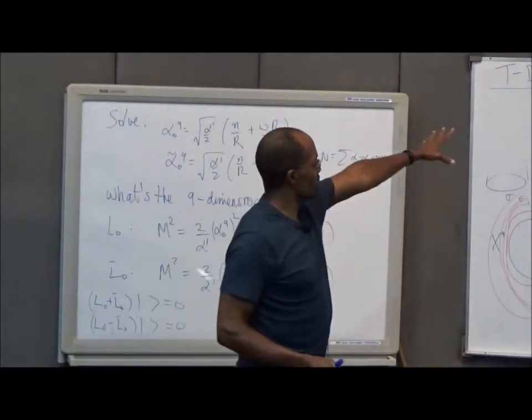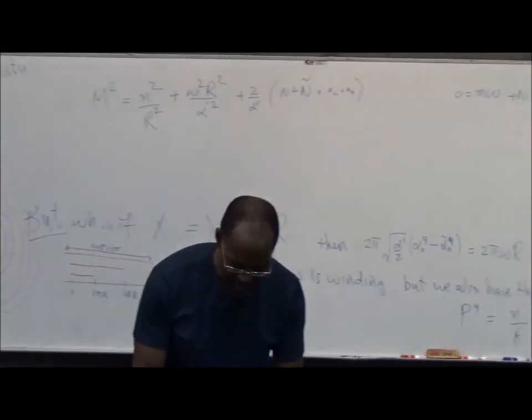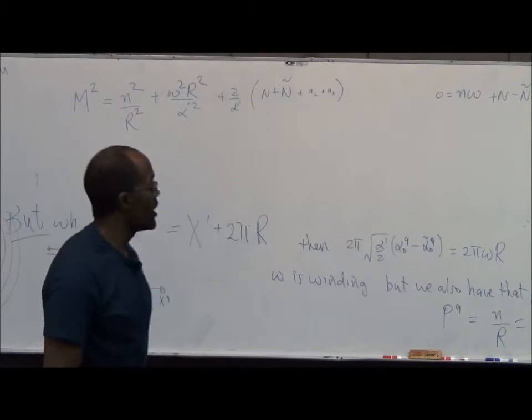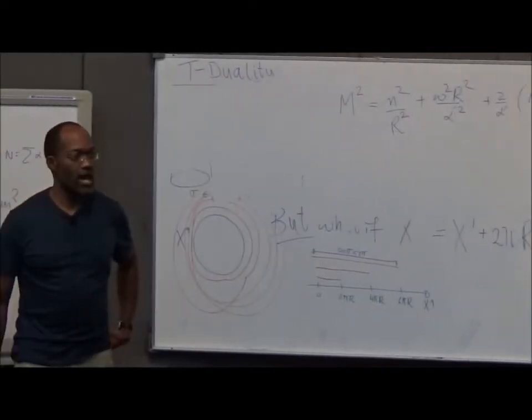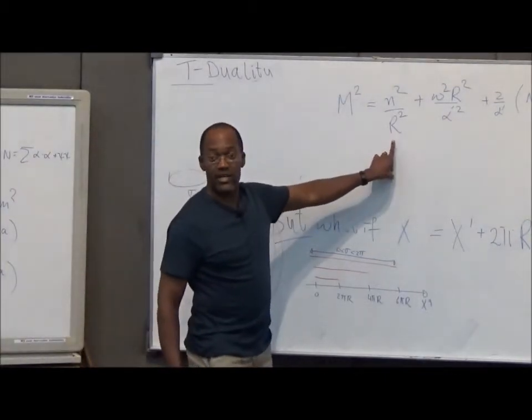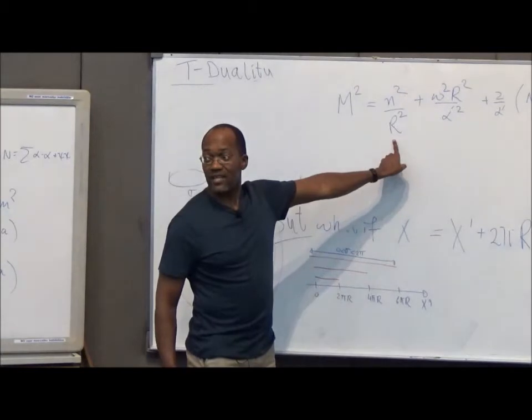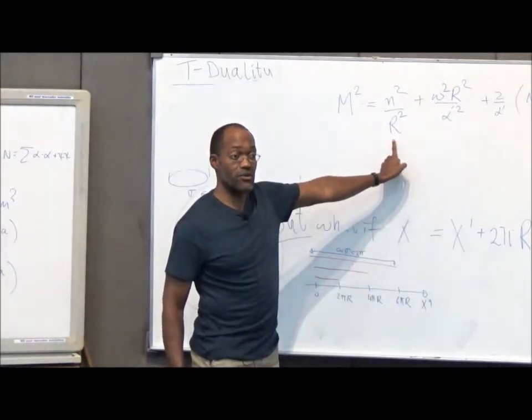Okay, so this is my mass spectrum, and I heard George mention the magic words Kaluza-Klein at some point. So I'm guessing that he probably started off his whole discussion mentioning Kaluza-Klein theory. And actually, you all fondly recognize that the first term is just the Kaluza-Klein sector that you expect.